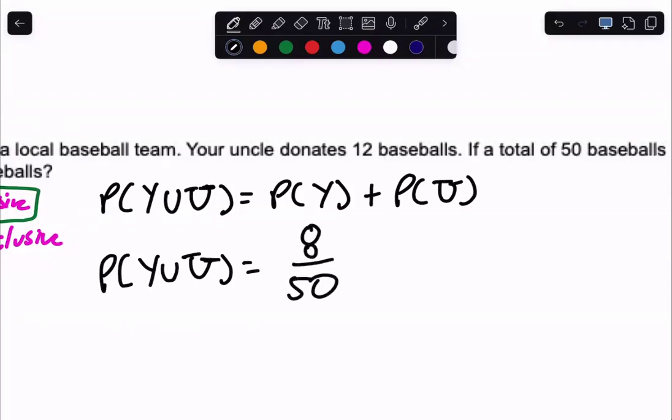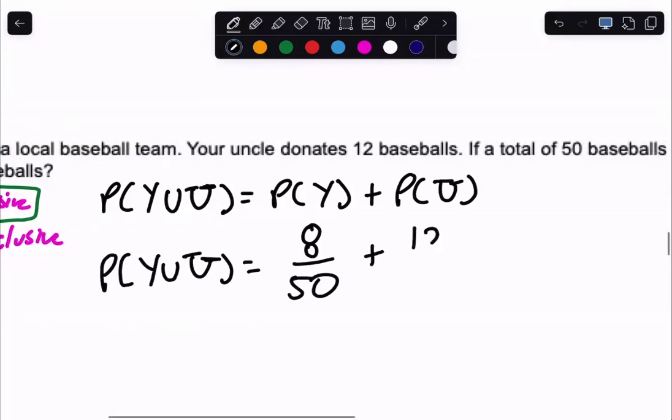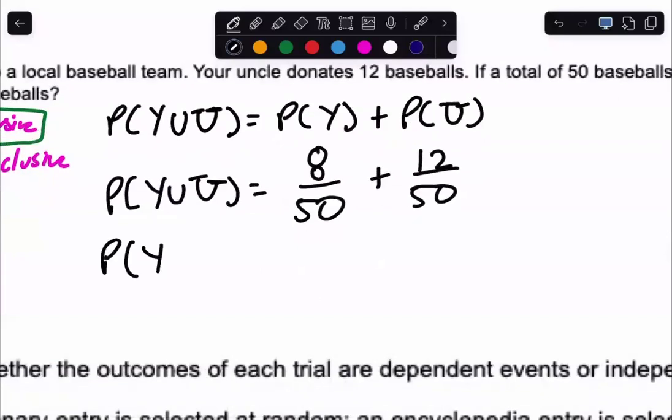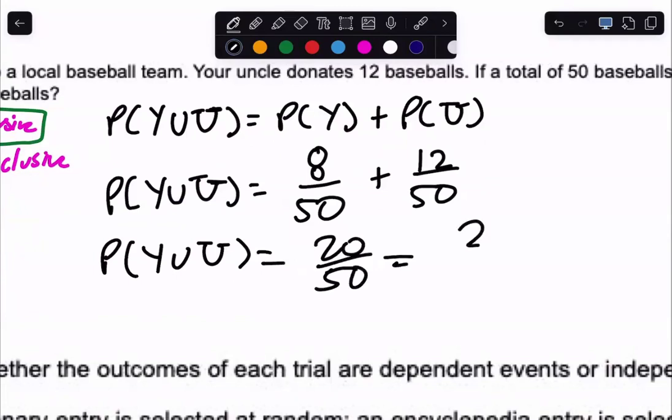How many are there? There's 50. Plus the probability of it being your uncle's, he donated 12 baseballs and there's still 50 total. So the probability of your baseball is 8 out of 50. The probability of being your uncle's baseball is 12 out of 50. So we just combine like terms. 20 over 50 reduces to 2 over 5.